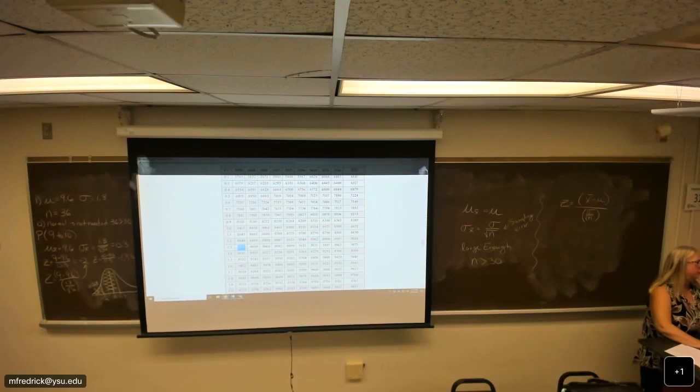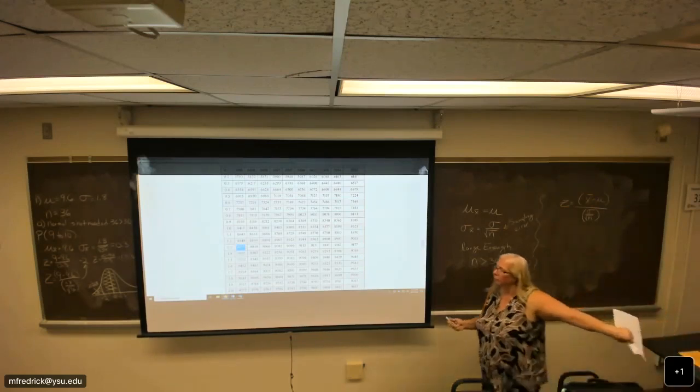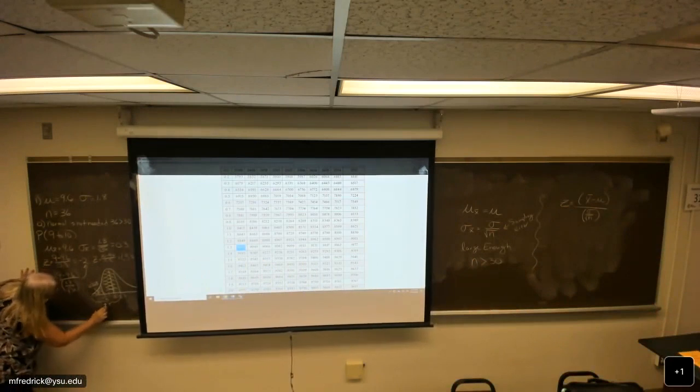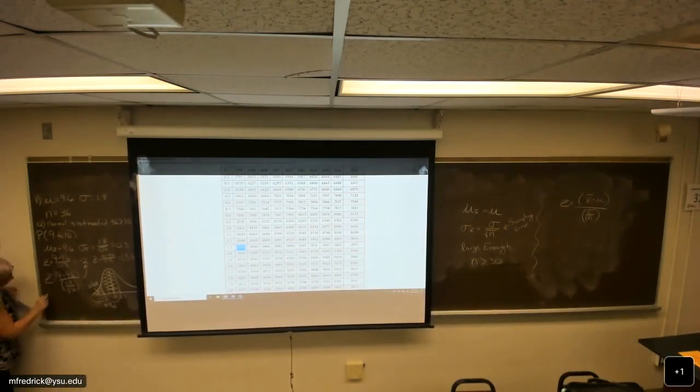So if we take the larger part and subtract this small triangle, the probability between 9 and 10 is 0.8854, or 88.54%. Any questions?